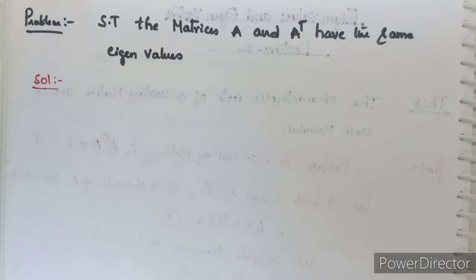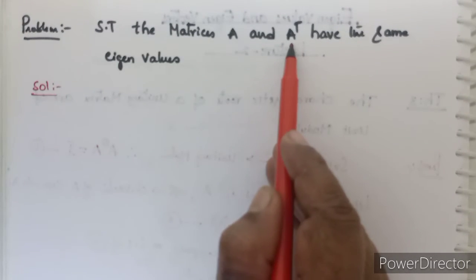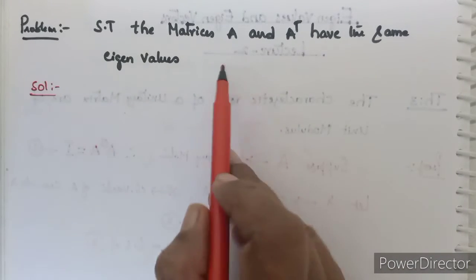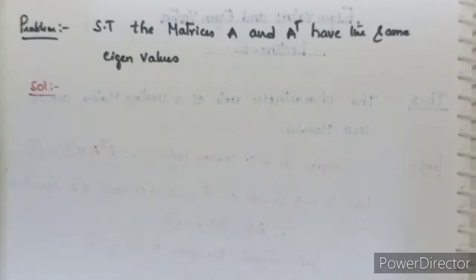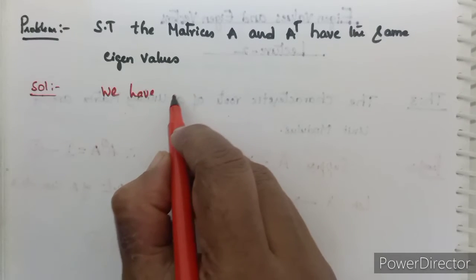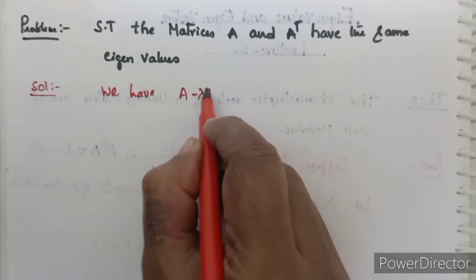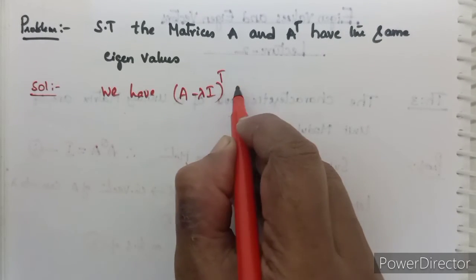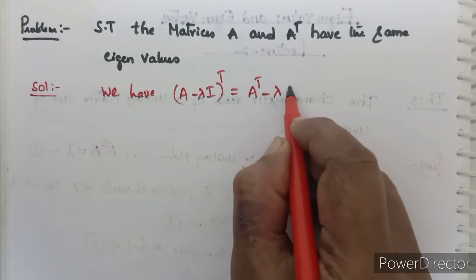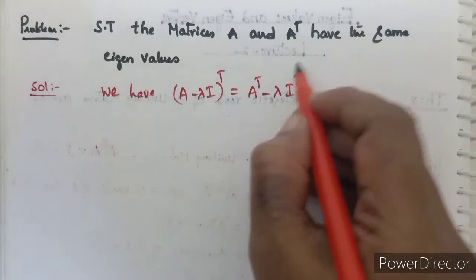Now we'll see one problem. Show that the matrices A and A transpose have the same eigenvalues. Now we'll see the proof. We have (A − λI) whole transpose is equal to A transpose − λI transpose.